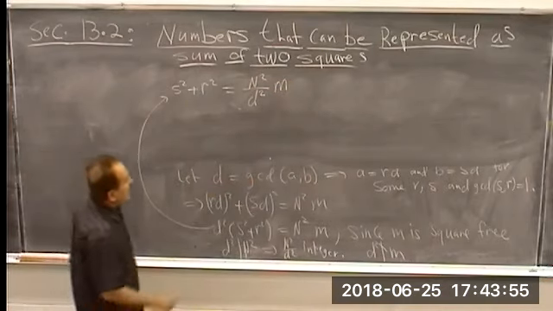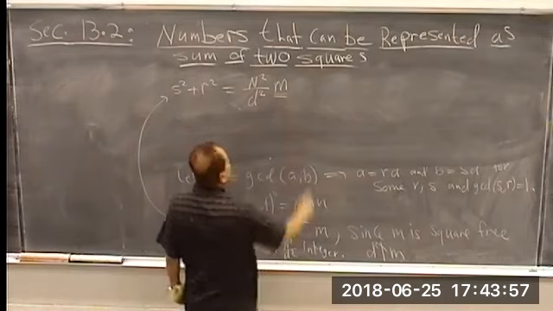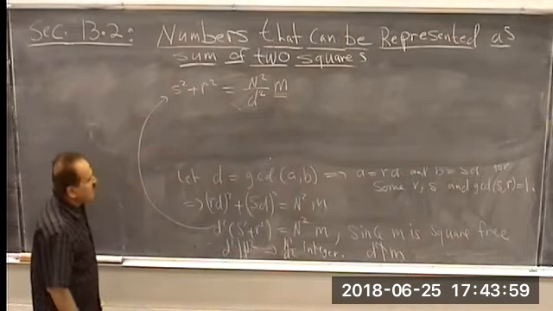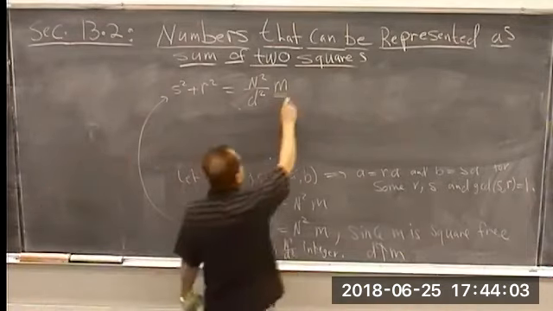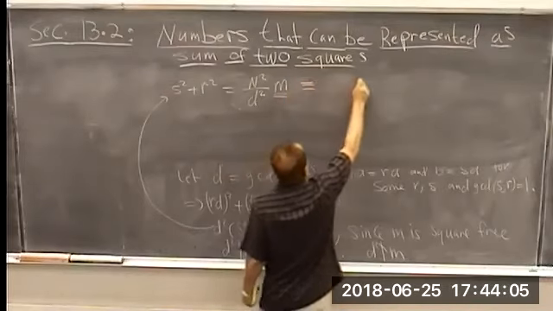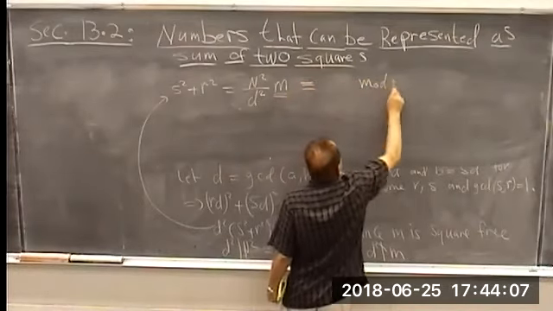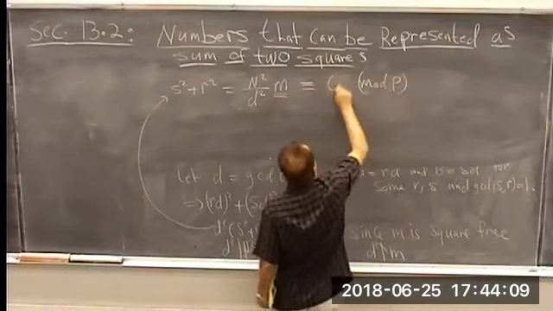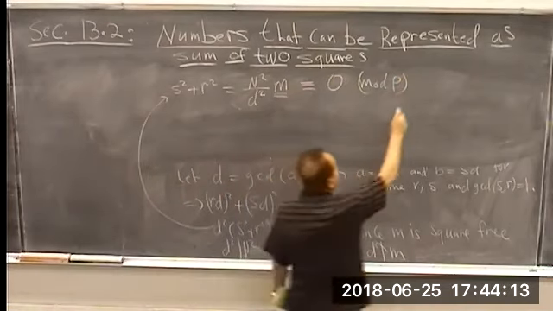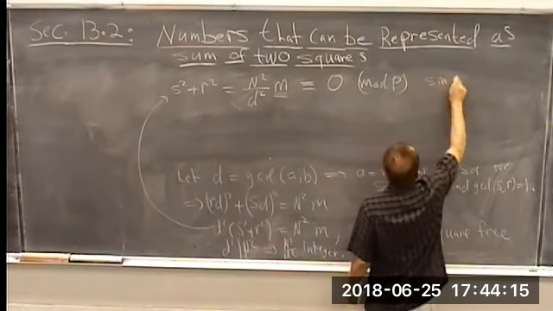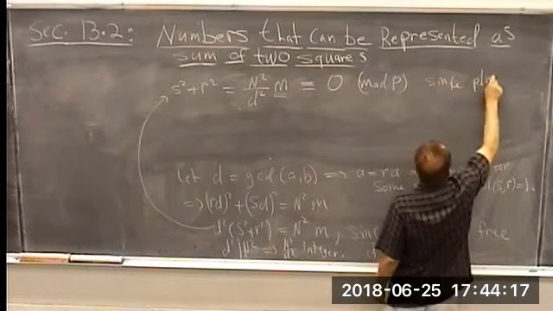Now, since m has p as one of its prime factors, if I take this congruent mod p, it becomes 0, since p divides m.